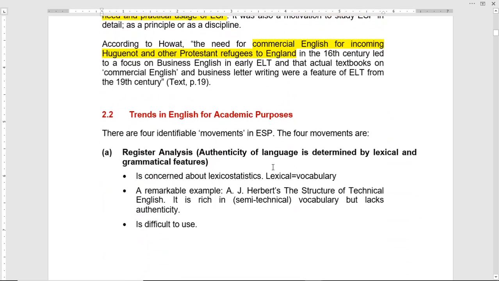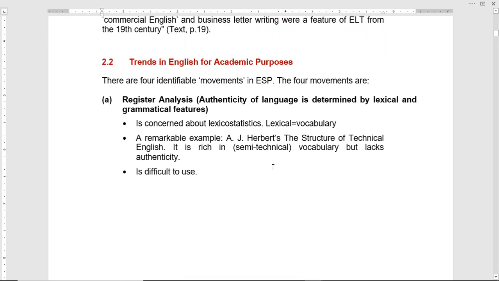Then, trends in English for academic purposes. There is another trend, English for academic purposes, more focused on certain things, and of course, four identifiable movements in English for specific purposes. The four movements within this discipline.